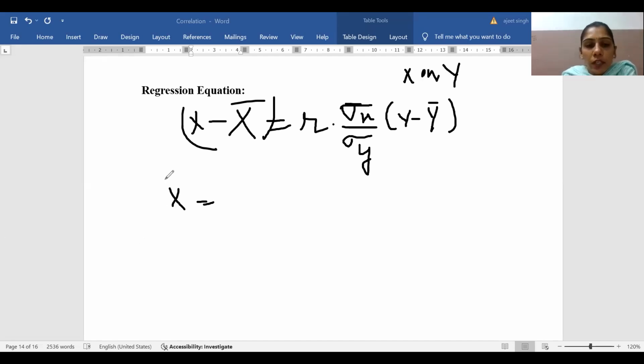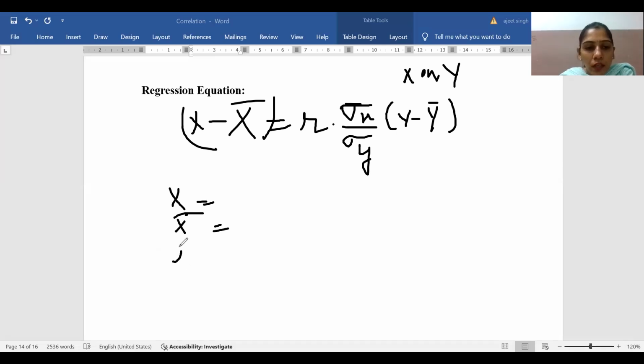Now x bar is the arithmetic mean of series x. As in questions, we are given two series x and y, or two variables x and y. So x is the variable to be predicted, and x bar is the arithmetic mean for the series x.